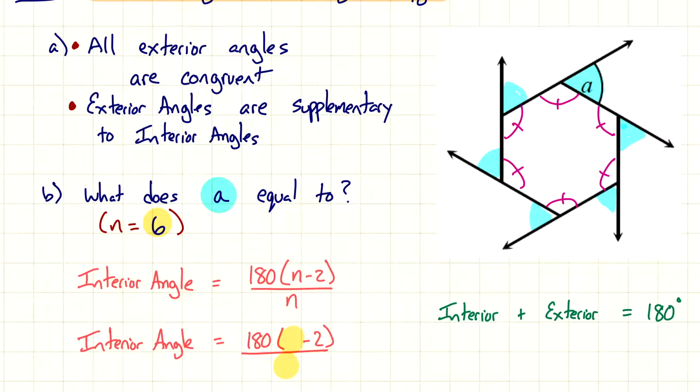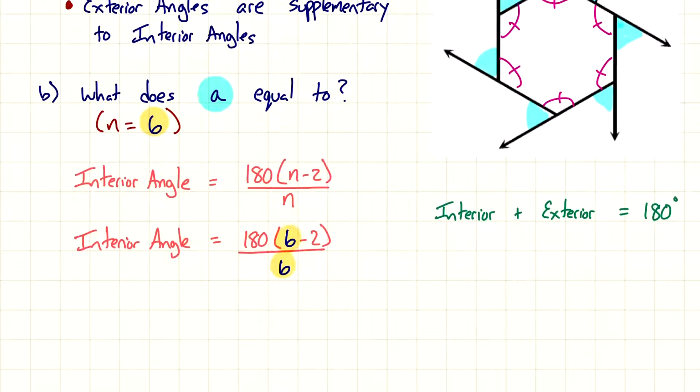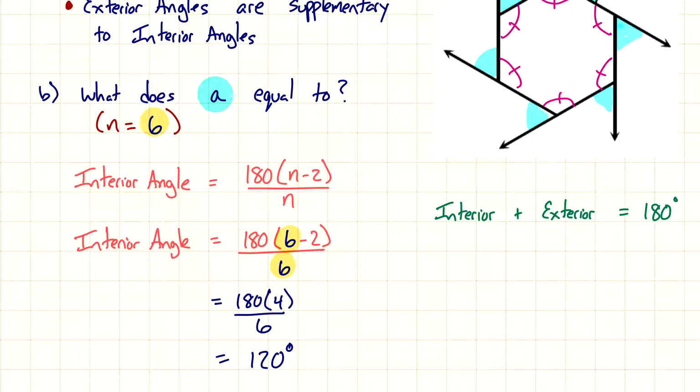So now that we know what n is equal to, we just have to plug in our 6, and then we can simplify this. All right, so let's do that. So we're going to be left with 180 times 4 divided by 6. And this is going to equal, I think we did this earlier, 120 degrees.